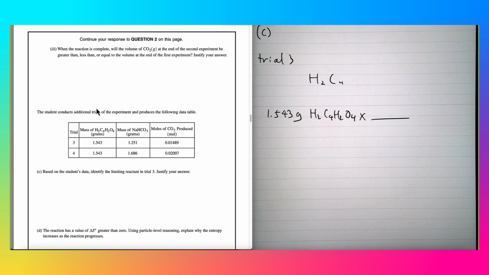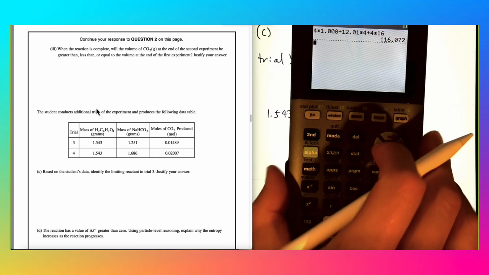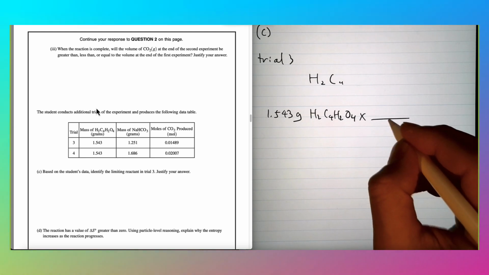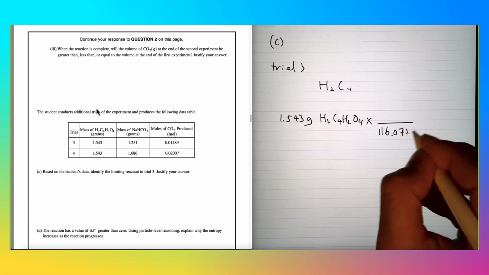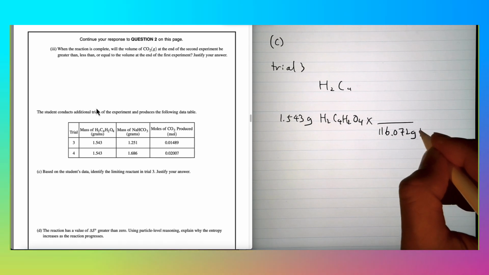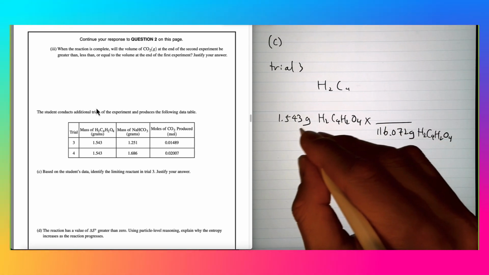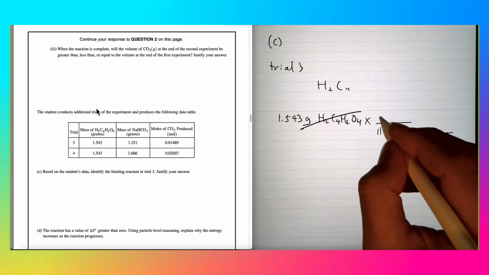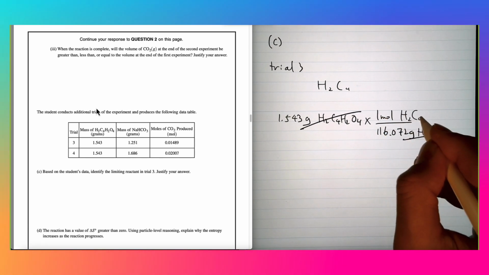And then we have 4 oxygen. Everything is 4, 4, 4. We're going to get 116.072. Now where do I put that? On the bottom. So 116.072 grams of H2C4H2O4. So we can cancel out the undesired unit, and we have 1 mole of maleic acid.